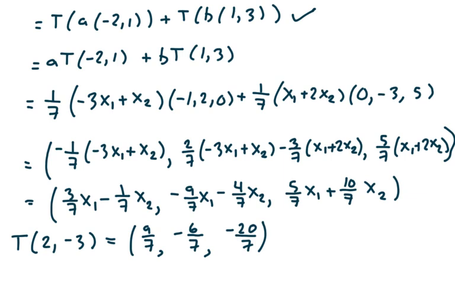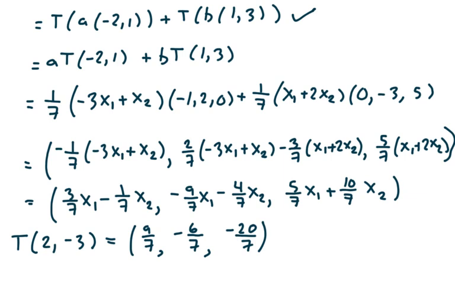But I could pull that scalar out because T is a linear transformation. So we could write this as A times T(-2, 1) plus B times T(1, 3).